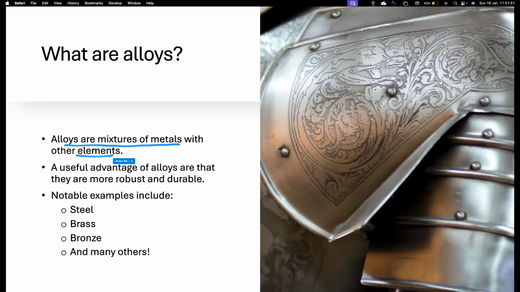One of the advantages of alloys is that they are very robust and durable. Common examples of alloys are steel, stainless steel, brass, and bronze, all of which are widely used in everyday life and industry.